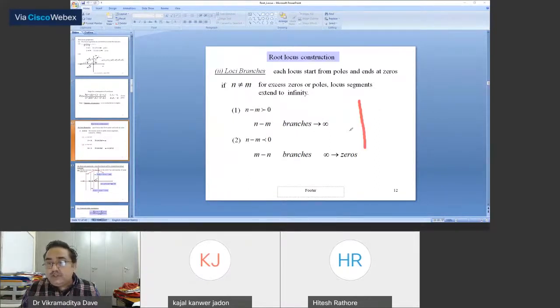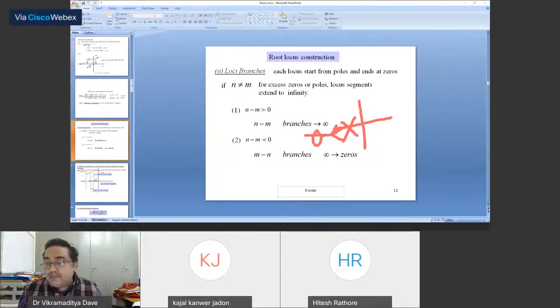Now in this graph paper I plot a pole and I plot a zero also. Let us suppose this is a straight line. So the root locus will always start from the poles and always ends in the zeros. So for every root locus, the starting point is the pole and the ending point is zero. This you have to keep in mind.